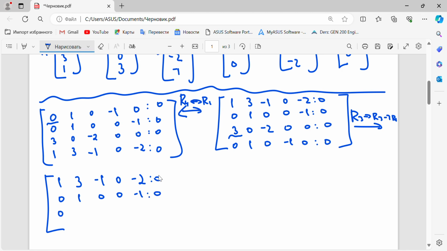Three minus 3, 0. 0 minus 9, minus 9. Minus 2 plus 3, 1. 0. 0 minus 6, minus 6. Or is it plus 6? Excuse me, it's actually plus 6 or just 6. What's the next step? Let's eliminate this minus 9.